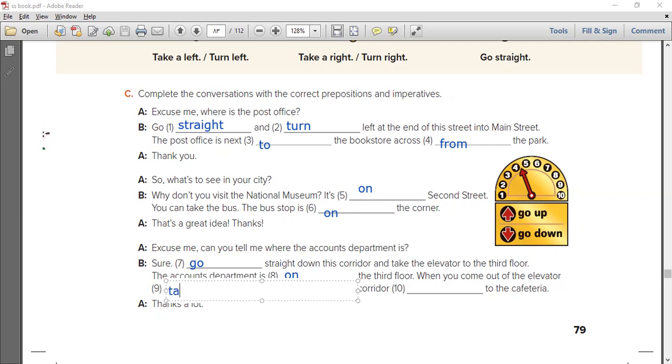Take a right. Excellent. Take a right. There is a difference between turn left or turn right and take a right and take a left. They usually have a before take. It is at the end of that corridor and then to the cafeteria, Rimaz. Next to. Yes, it is at the end of that corridor next to the cafeteria.